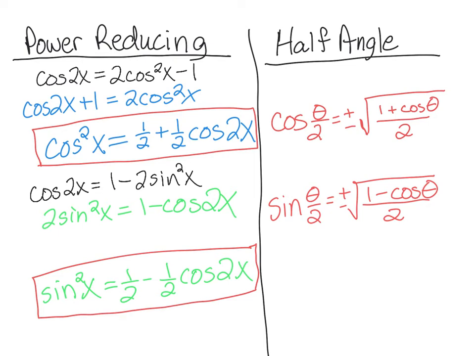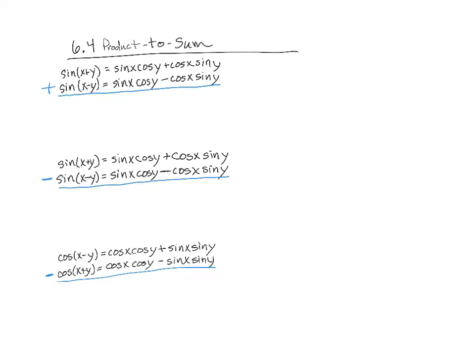Okay, one more tool that you may need when you get to Calc 2 is called product to sum. It's not as useful as power reducing. You're going to do that a lot. But there may be a time when you have a sine and a cosine, or two sines or two cosines multiplying each other, but they have different angles, and you need an identity to be able to work with that.